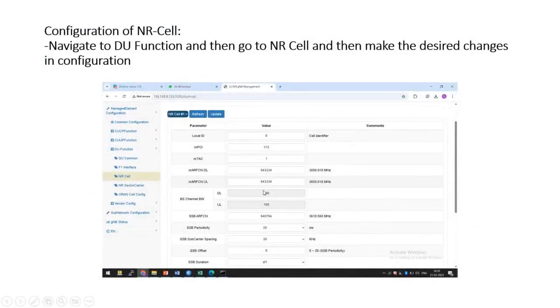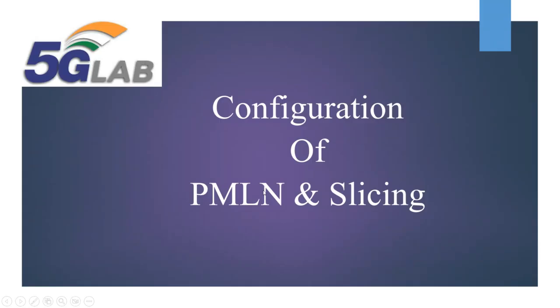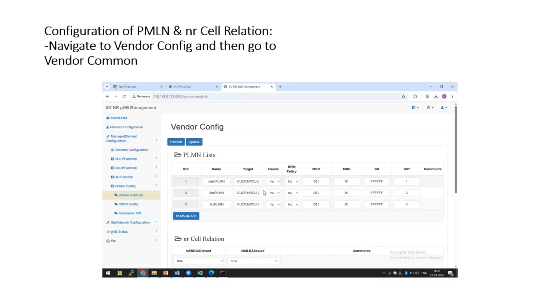So these are the GNODB configuration parameters. Configuration of PLMN slicing: like this you can create which slice you need to enable on the GNODB side. Here we have enabled 3 slices. Main PLMN, second PLMN, third PLMN, you can configure like that. Here are the SST slicing values which it will support.